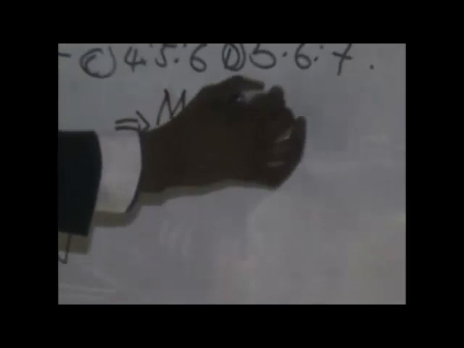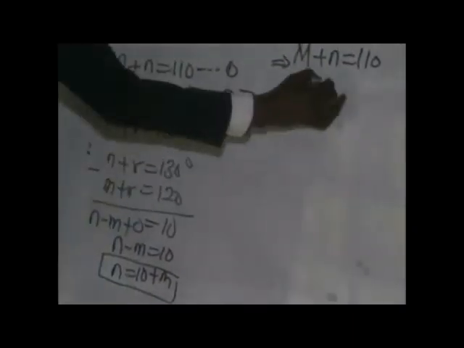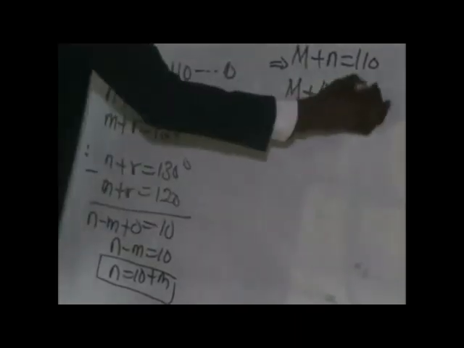we can substitute the value of n into equation 1. And what is equation 1? Equation 1 is m plus n equal to 110. So in place of n, you put 10 plus m. This becomes m plus 10 plus m equal to 110.